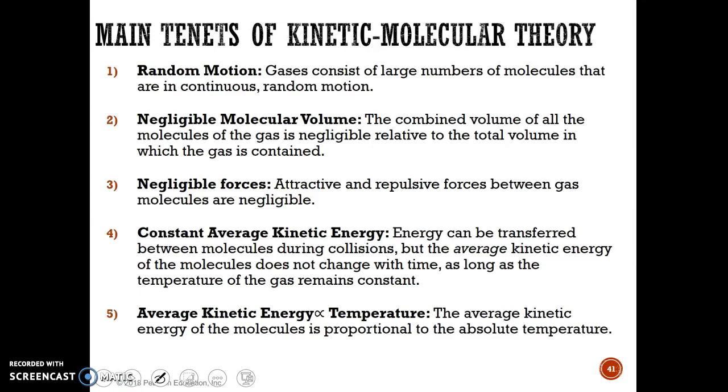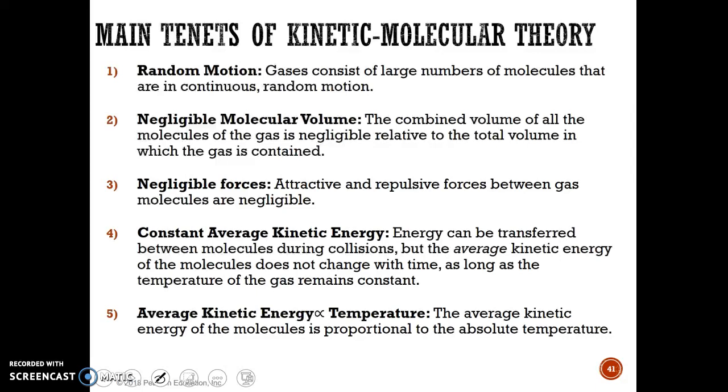What this microscopic level is telling us is there are random motions. Gases consist of a large number of molecules, and they're always in motion. It also still makes the same assumptions as the ideal gas, where there's not a lot of volume, and the attractive and repulsive forces between the gas molecules are non-existent, not affecting anything.